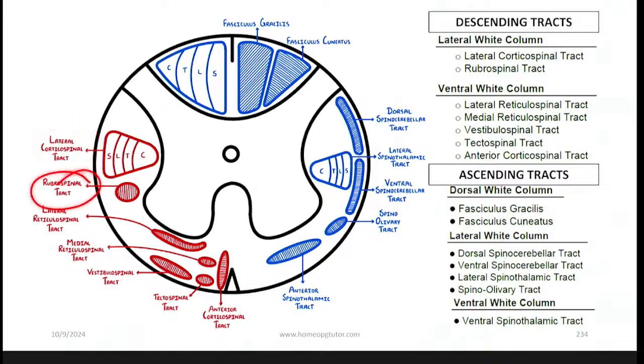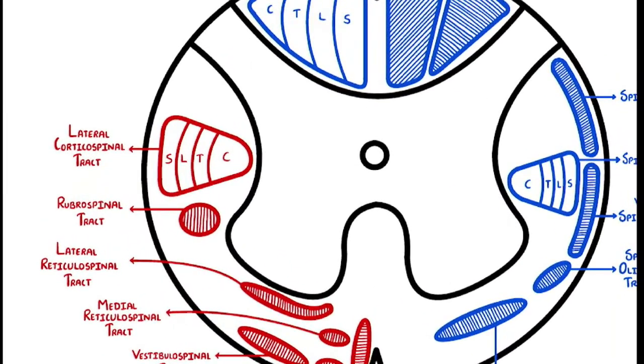In the lateral corticospinal tract, you can see it is written S L T C, which simply means the regions: sacral, lumbar, thoracic, and cervical. Fine, so that is about the two lateral white column descending motor tracts.